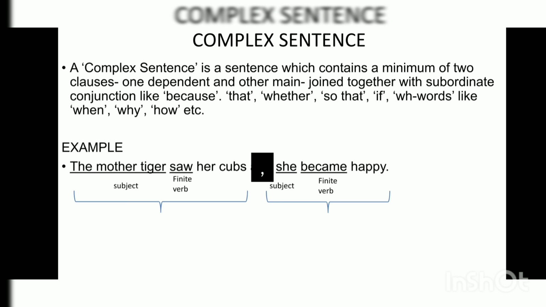They are connected with a subordinating conjunction like when, or they can be connected with a comma. For example, the mother tiger saw her cubs, comma, she becomes very happy. The two clauses are connected here with the comma.